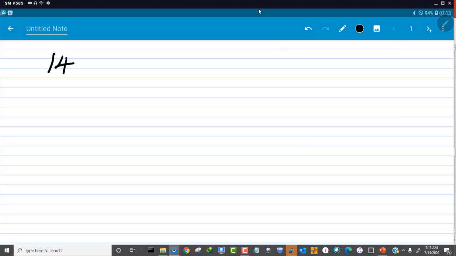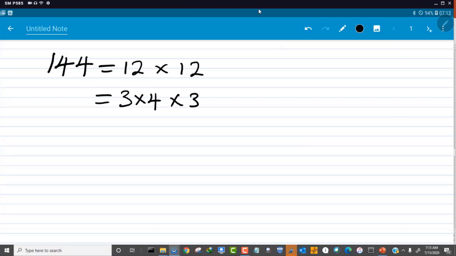So 144 is equal to 12 times 12, and 12 is 3 times 4, and 12 is another 3 times 4. Now we express 4 in prime numbers since it's not a prime number. Now we have 3 times 2 raised to power 2 times 3 times 2 raised to power 2.